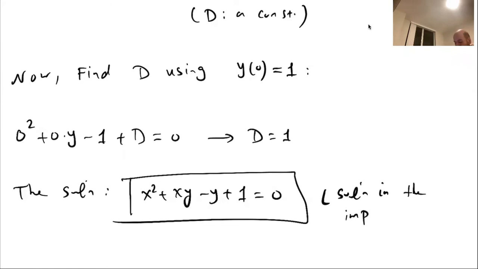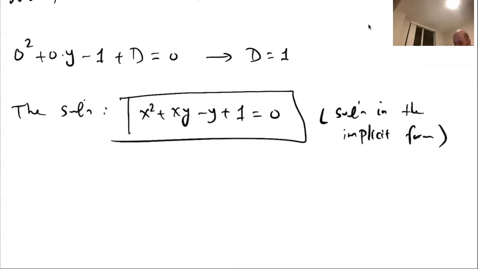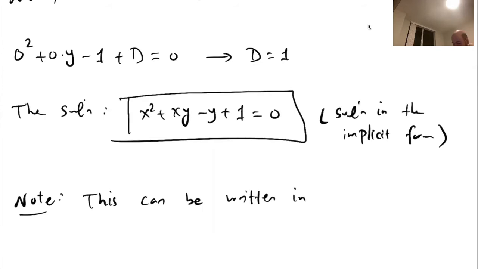But this solution can be easily written in an explicit form. How can we write it in an explicit form? We just need to isolate and solve for y. Note that this can be written in the explicit form as well.